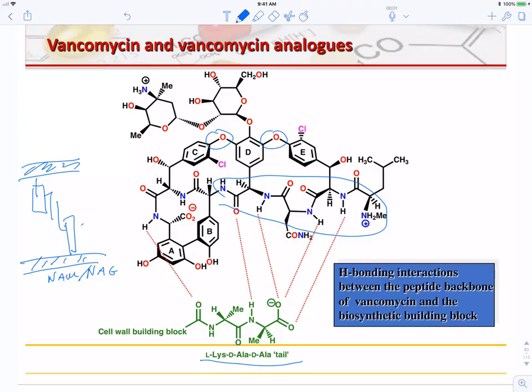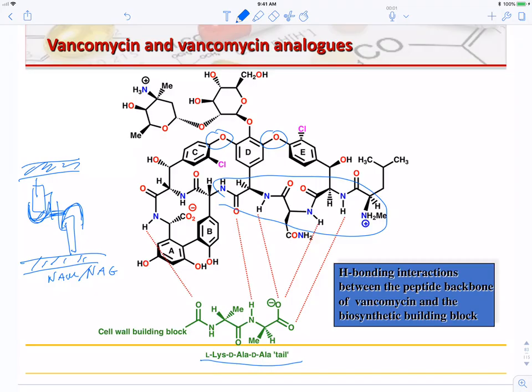Okay, and so what vancomycin does, it basically binds to the end of the peptide and further dimerizes very strongly, and that process prevents then the formation of the cross-linking and the formation of the stable cell wall.